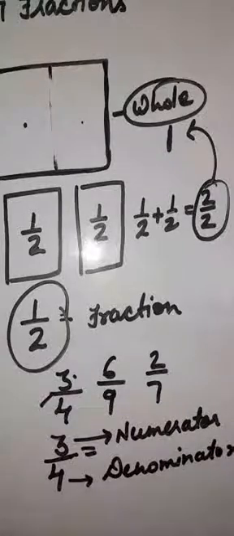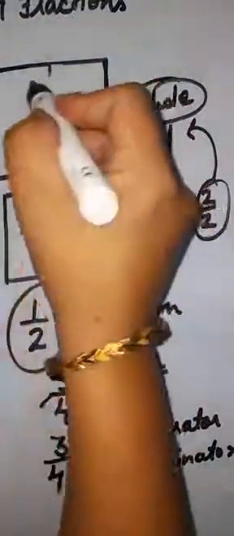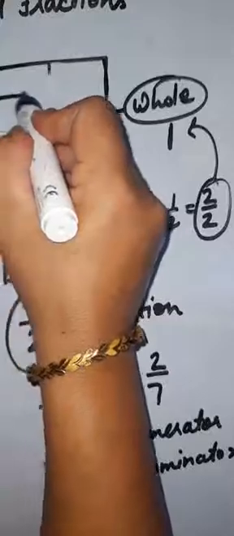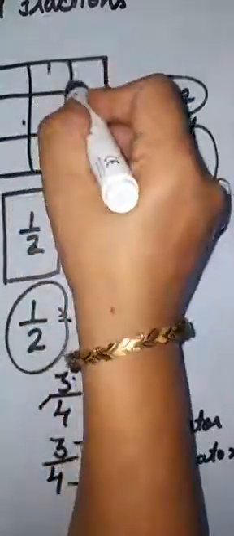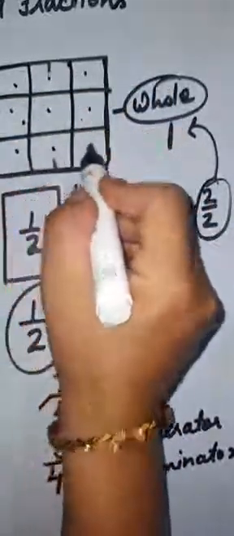Okay, we can say that the numerator is the number of parts taken, जो हम parts लेते हैं, and the denominator is the total number of parts of the whole. Suppose this is a whole square. Now I am dividing this whole square into how many equal parts? 1, 2, 3, 4, 5, 6, 7, 8, 9.